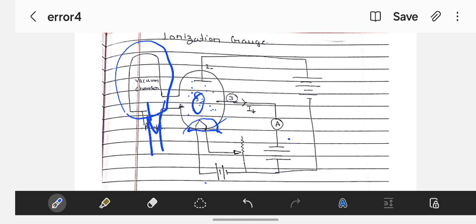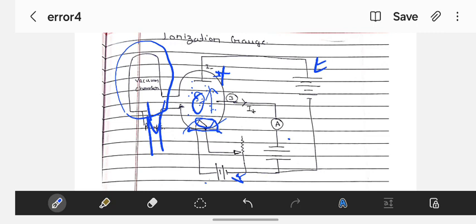When we start giving some voltage from here, electrons will flow in this direction. Because of the heating of this tungsten, the electrons will be emitted, and because of this connection it will be positive on this side. That's how we get electrons in this direction.